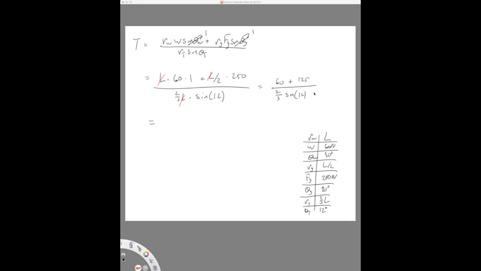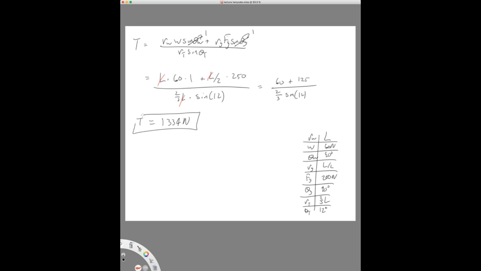You don't have to write that step out if you are good with your calculator. And I get 1,334 newtons for the tension.